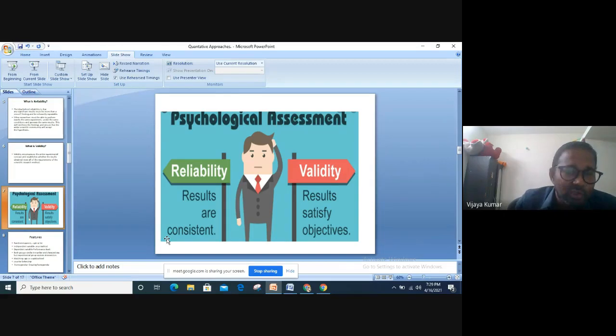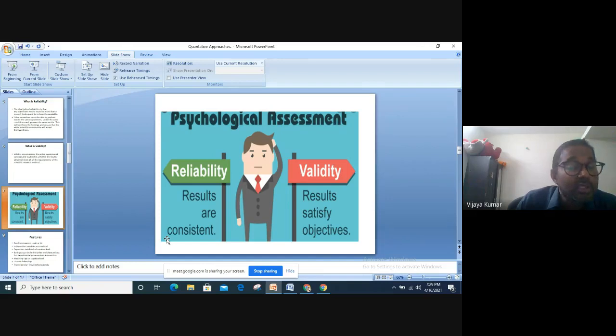Validity refers to your results should be in alignment with your research questions, with your research objectives. If your research objective was to check the phonology, and if your results have checked the fluency, then it is not valid. Do you get my point?